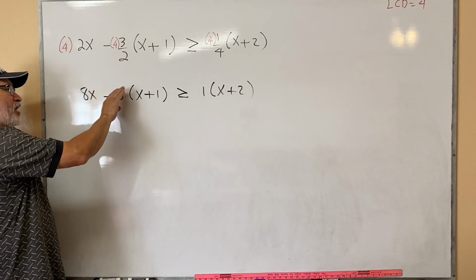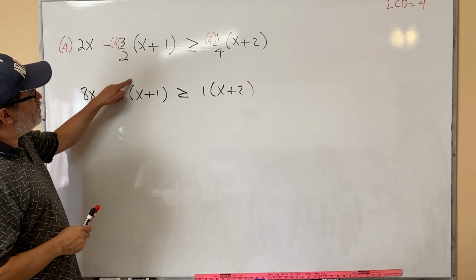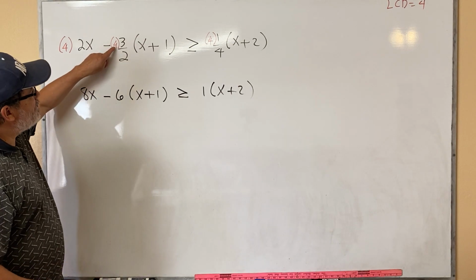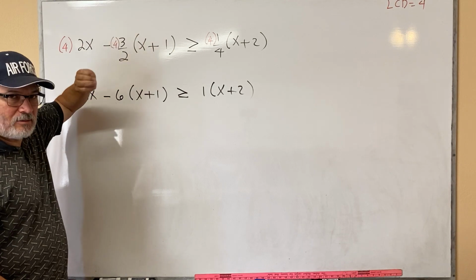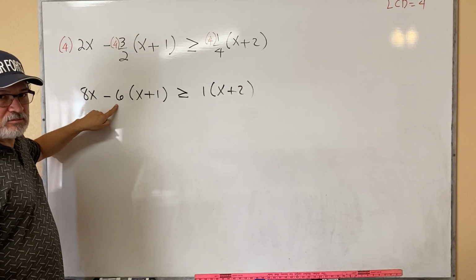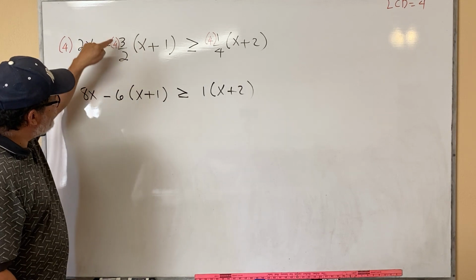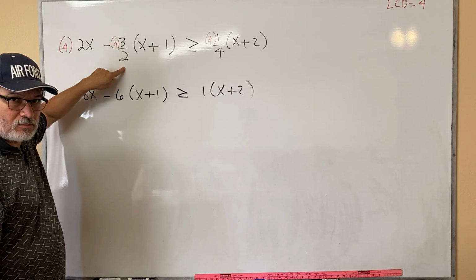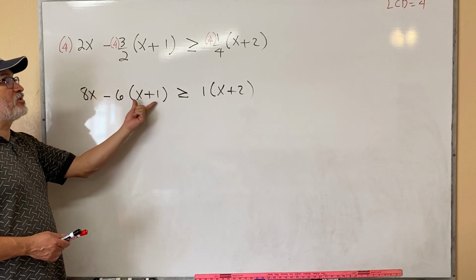Note, I'm going to have to distribute. By the way, when this 6 goes in, guess who goes in? Well, the 4 times the 3 divided by 2 they all go in. Why? Because 4 times 3 divided by 2 is 6. That's why I got the 6. So when the 6 goes in, they all go in. So in essence, everybody is going into this parentheses.